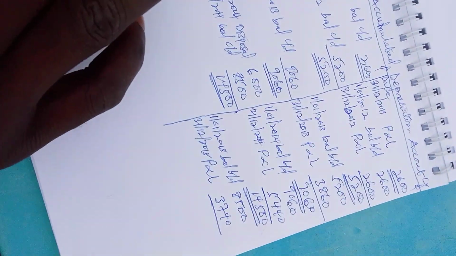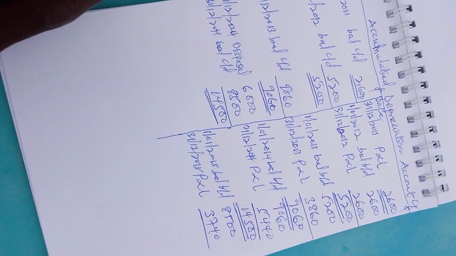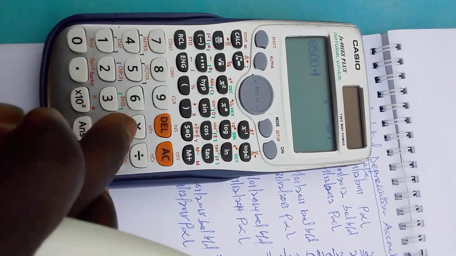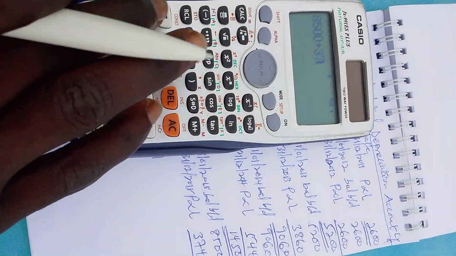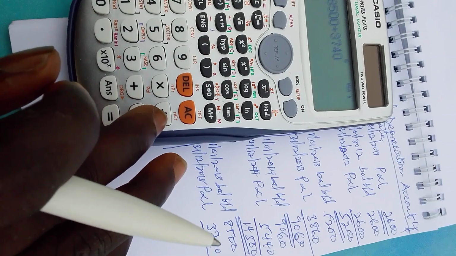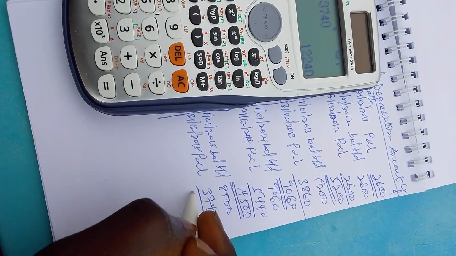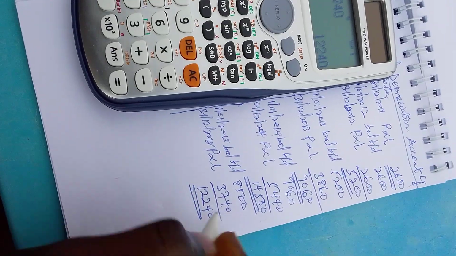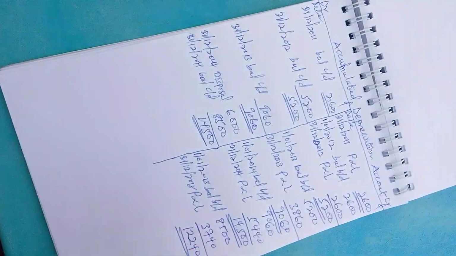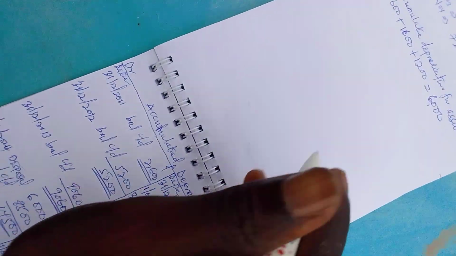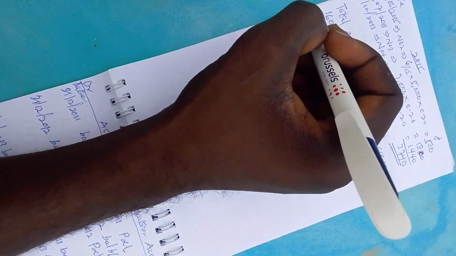It's going to give us 8,500 plus 3,740, which is equal to 12,240. And we made a disposal in 2015, so we also have to calculate the disposal on that asset.